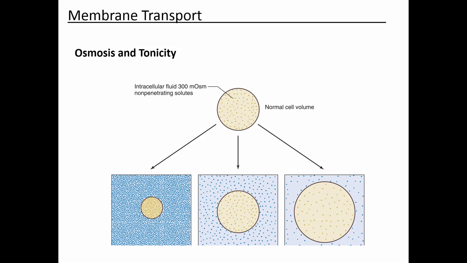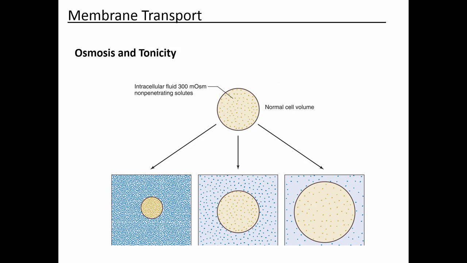In a hypertonic solution, the concentration of solute is higher in the solution, hyper, relative to the inside of the cell, and iso means the same. So in an isotonic solution, the concentration of solute in the solution is the same as the concentration of solute inside the cell.